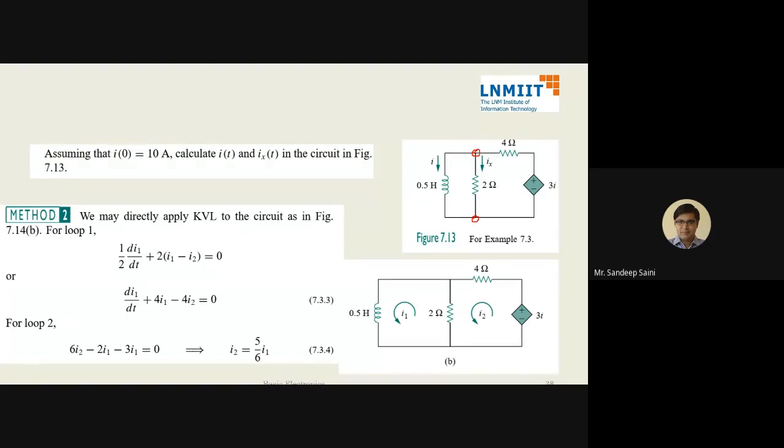So I cannot apply that equation, which I was very comfortably applying, that I of t is I naught e raised to power minus t by tau, because I don't have tau. Okay, so then we say, okay, don't worry, we will take it as a normal circuit.